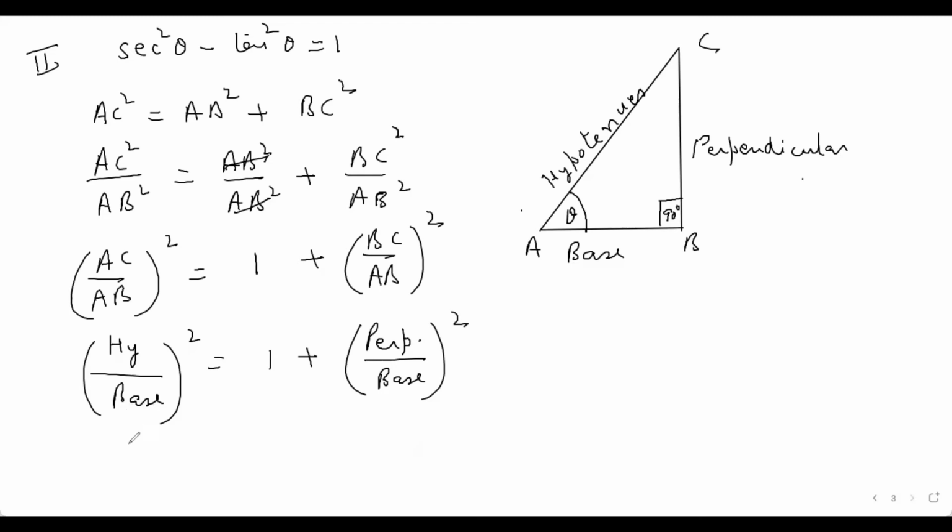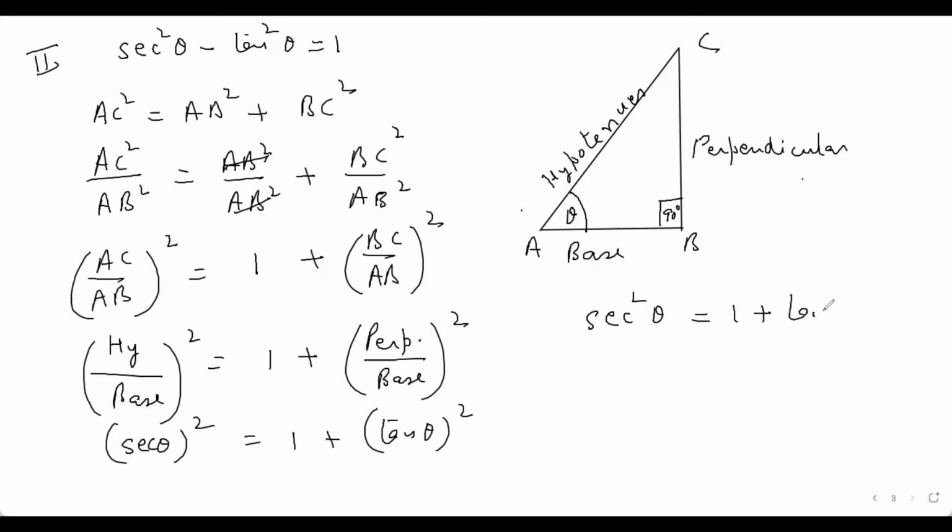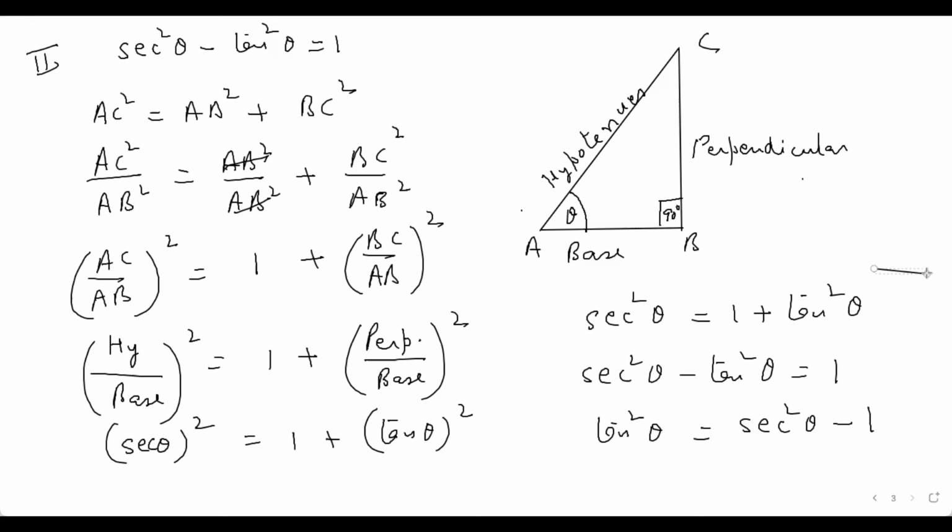Hypotenuse by base is equal to sec theta whole square is equal to 1 plus perpendicular by base is tan theta whole square, that is sec square theta is equal to 1 plus tan square theta, that is sec square theta minus tan square theta is equal to 1. So we can also write tan square theta is equal to sec square theta minus 1. You have to learn this identity.